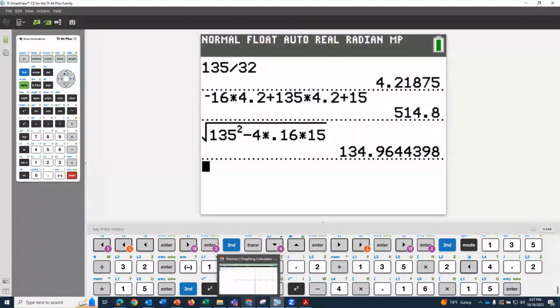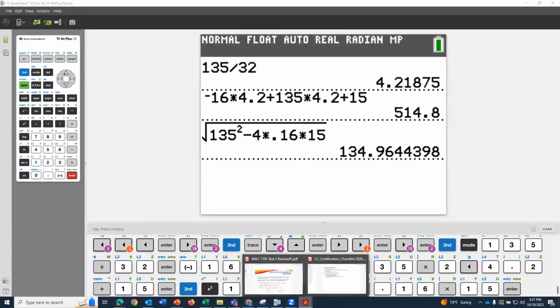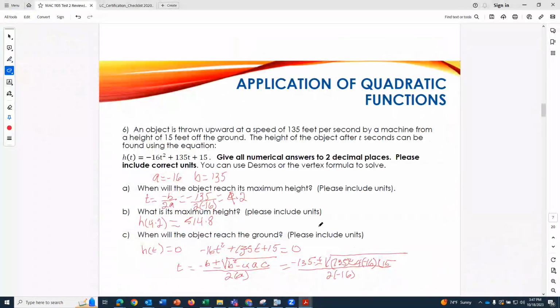We go back to this, 134.96. That should be here. Negative 135 plus or minus 134.96 over negative 32.